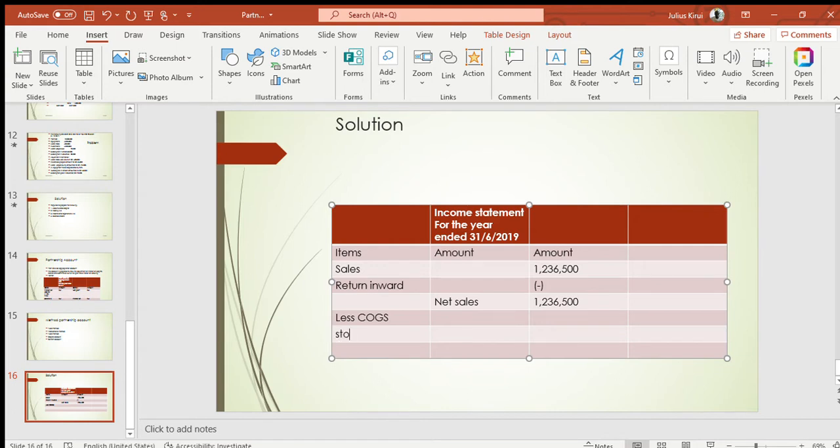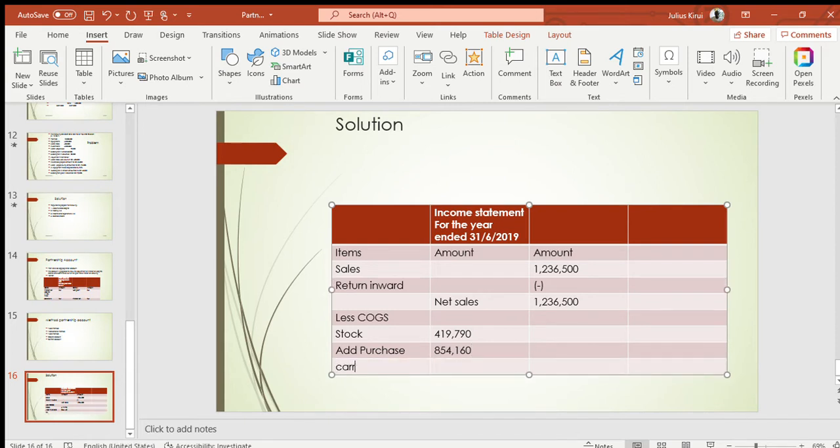So stock 419,790. You add what? Purchases. How much is the purchases? 854,160.